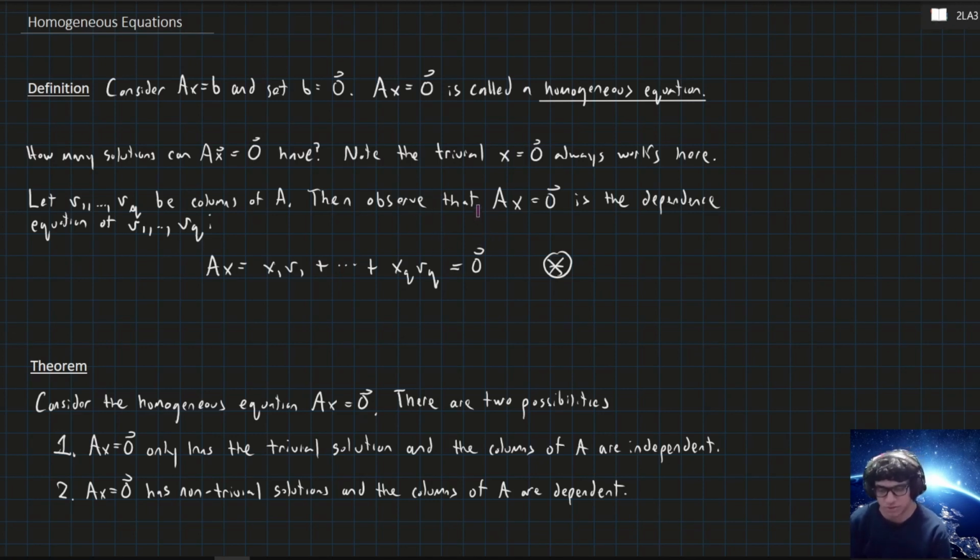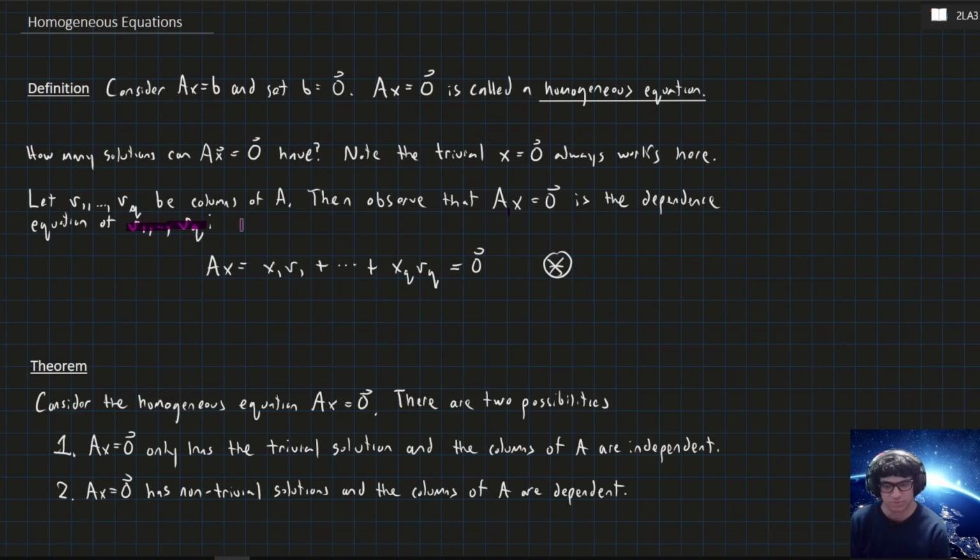Now let's make the following observation, which will connect Ax equals 0 to linear independence. Let v1 through vq be the columns of A, and observe that if we write out the equation Ax equals the 0 vector, it is the dependence equation of the vectors v1 through vq.